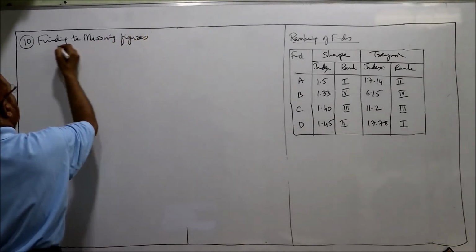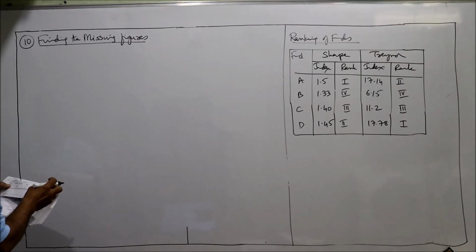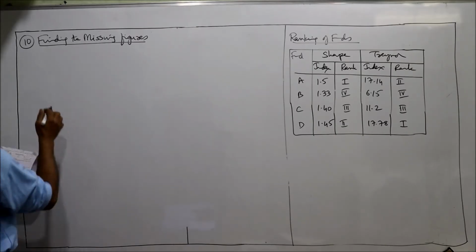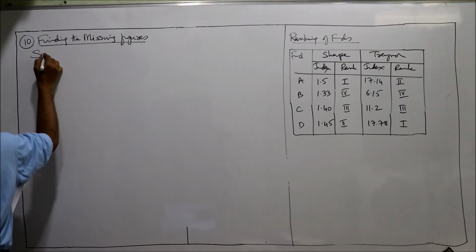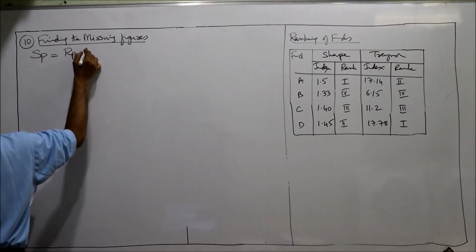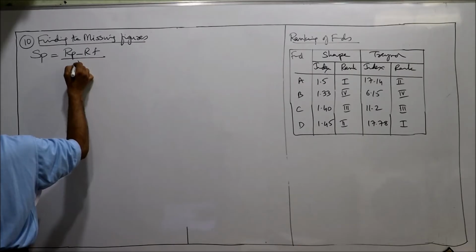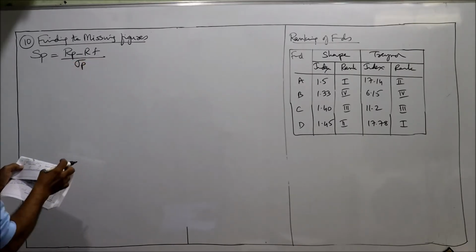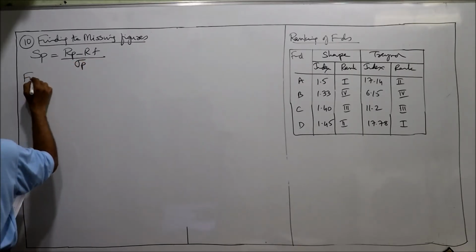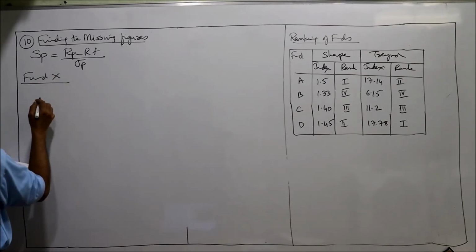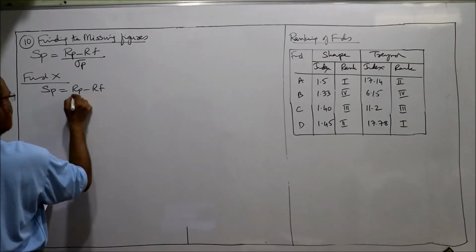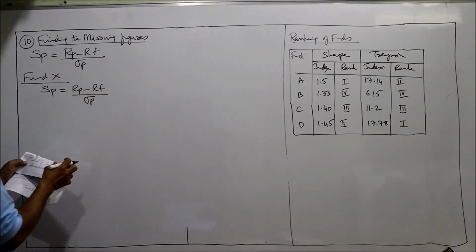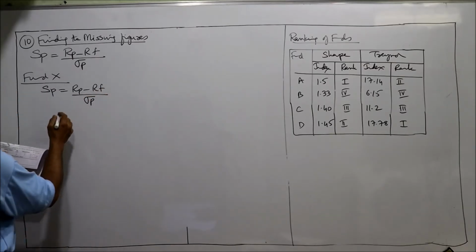Finding the missing figures. This is the problem. Now first we'll take fund X. Sharpe's measure SP is equal to RP minus RF divided by standard deviation P. This is the formula for Sharpe. For fund X, Sharpe's measure we don't know.